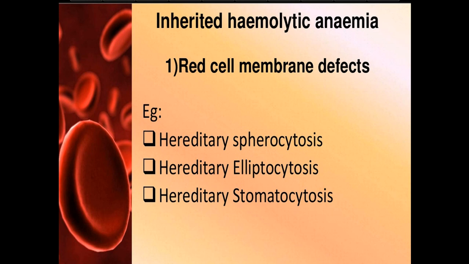In hereditary spherocytosis, there are actually two proteins, the spectrin and ankyrin. These proteins enable the RBC to have a biconcave shape, but when there is a genetic defect in the production of these proteins, that leads to spherical shaped RBCs.